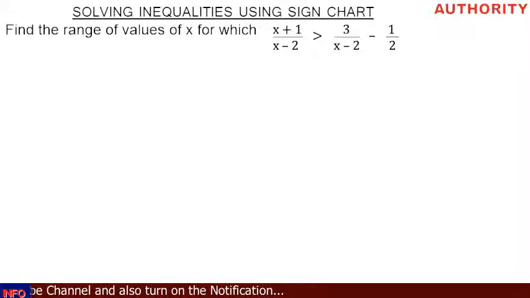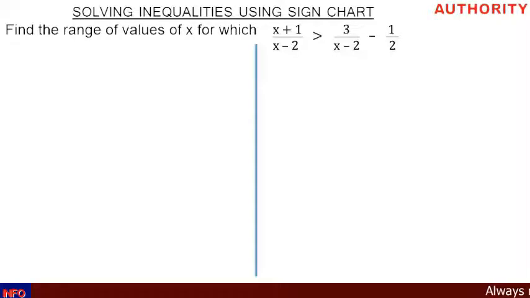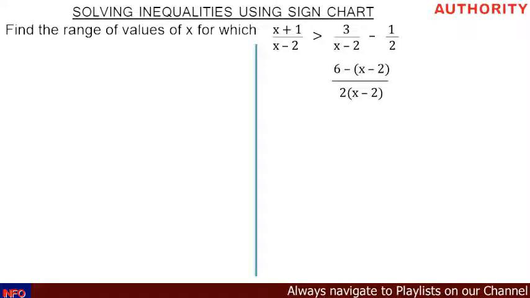Now let's go. In this expression, let's take the values on the right hand side and solve them first. Let's combine 3/(x - 2) - 1/2. When you want to combine it, let's look for the LCM of both fractions.